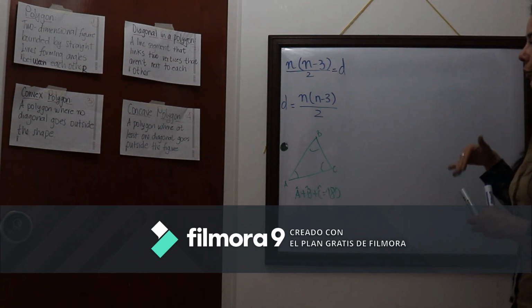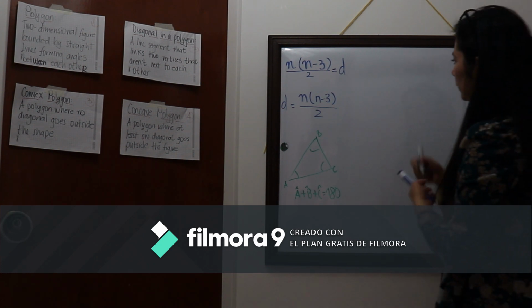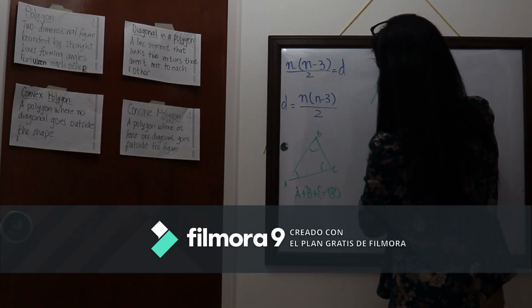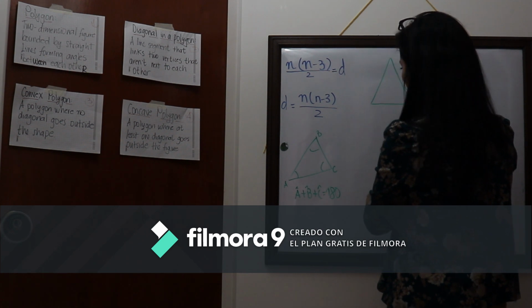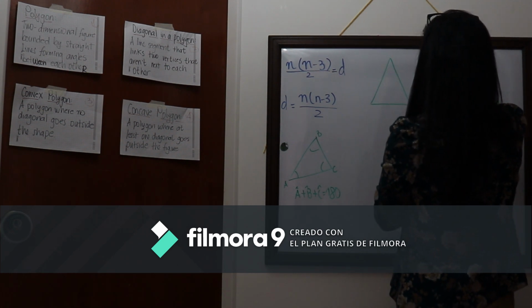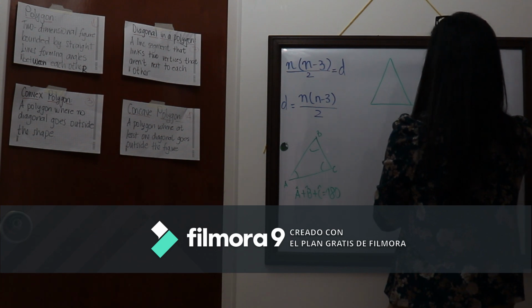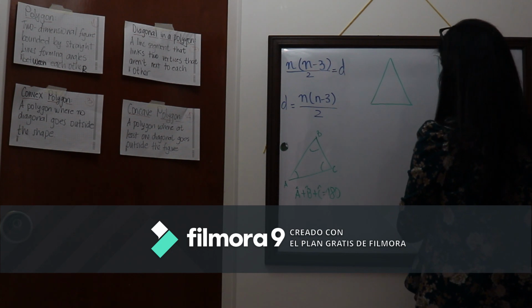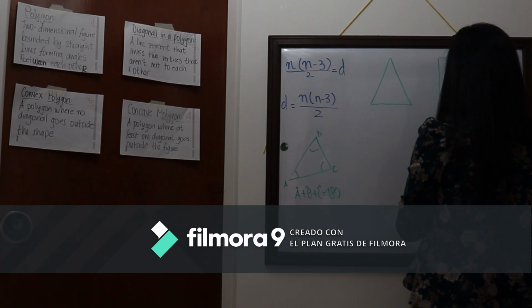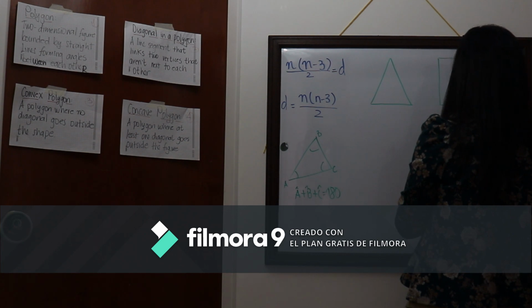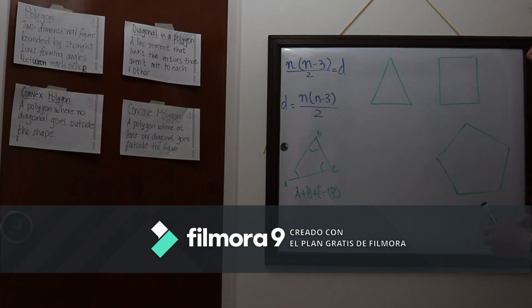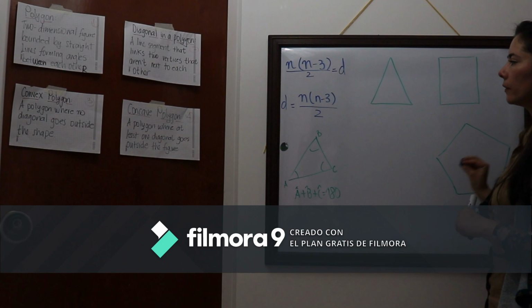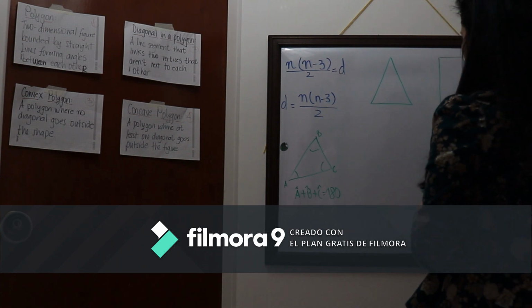So let's come back to the figures we had. And then again, let's think about the triangle. Let's talk about the square, and let's talk about the pentagon. I'm going to just work with these three just because I really don't have any more space. But you can try with more polygons if you want to, it's fine. Okay? So think about this. How can we divide, using diagonals, the polygon into triangles?